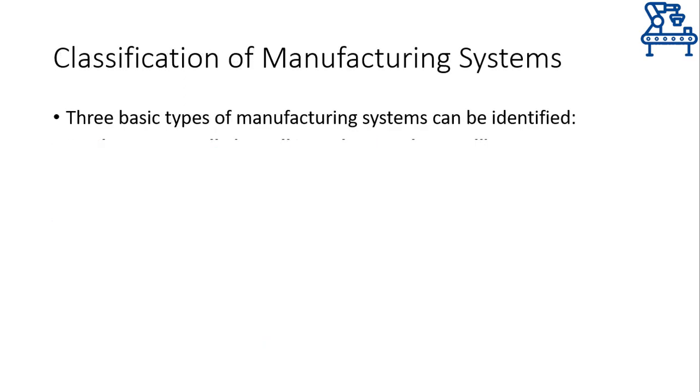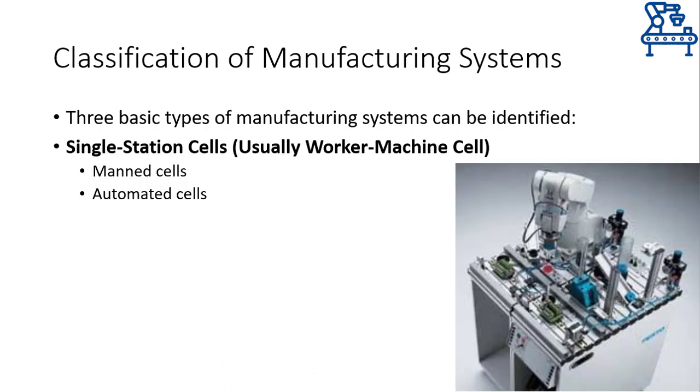Although a manufacturing system comprises four major components, they can exist in three different forms. The first form that a manufacturing system can take is a single station cell, which is usually a worker-machine cell. These cells might be manual, semi-automated, or fully automated. No matter what level of automation is implemented within the workstation, the work units arrive and depart the workstation through manual means.